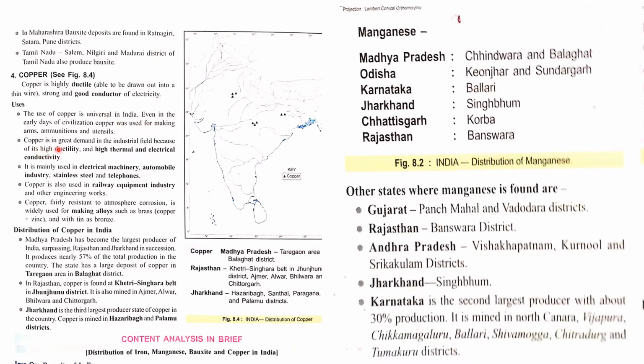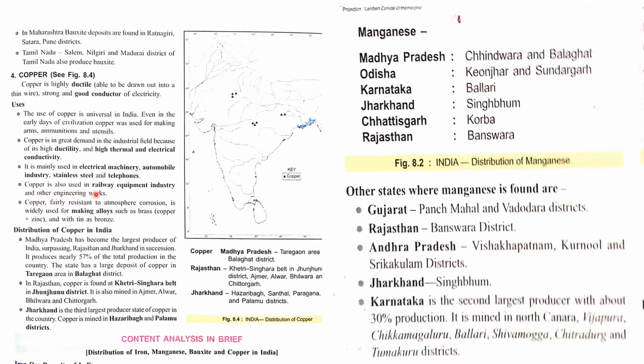Now, copper is in great demand in the industrial field because of its high ductility and high thermal and electrical conductivity. That means it is a good conductor of thermal as well as electrical energy. Then it is mainly used in electrical machinery, automobile industry, stainless steel, and telephones.